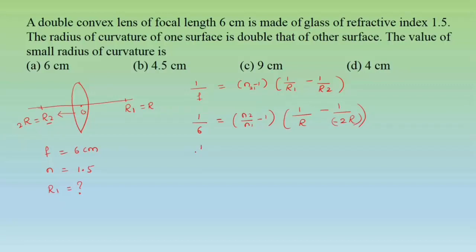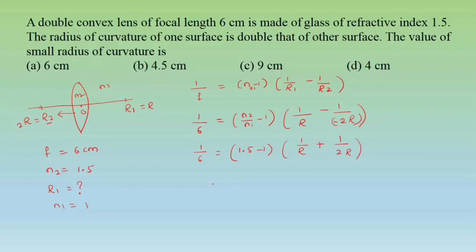Now calculate this value. 1 by 6 equal to n2 divided by n1 minus 1. Second medium is glass, first medium is air. So n2 value is 1.5, and n1, the refractive index of air, is equal to 1. So we can write (1.5 minus 1) into (1 divided by R, minus into minus will be plus, 1 divided by 2R).